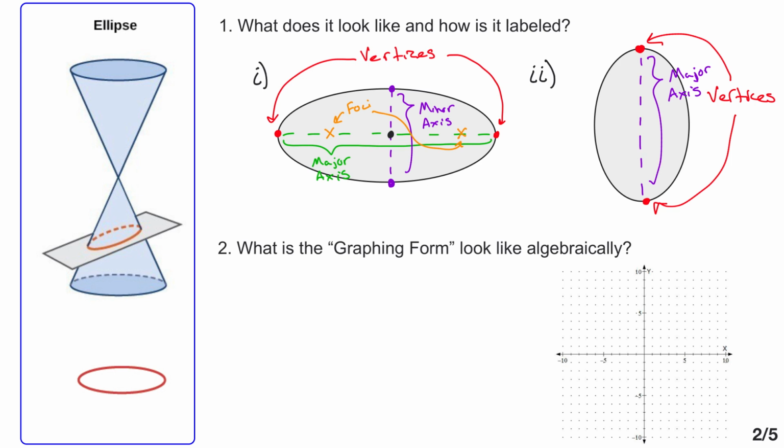The axis in the minor direction, that is left and right, is called the minor axis. Where those two axes meet is the center. And now the focal points are no longer going to be left and right, they are going to be up and down. Those are the focal points, the foci.